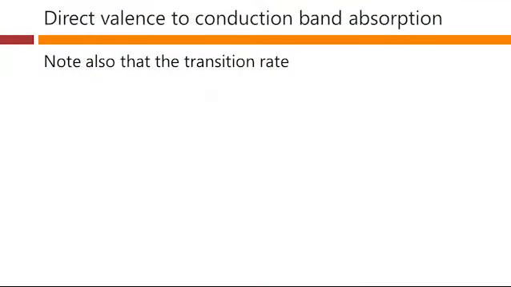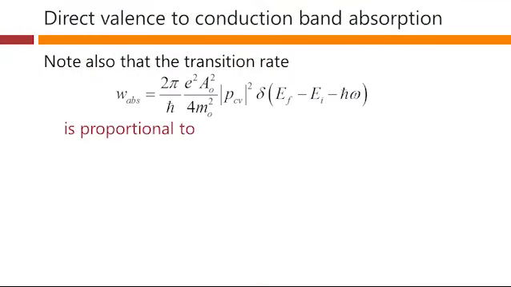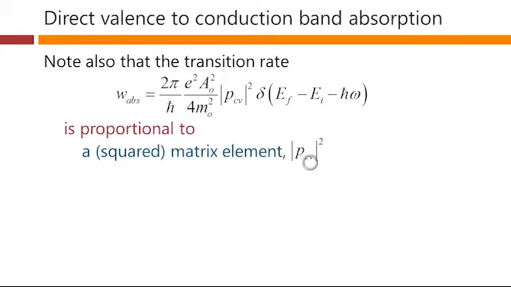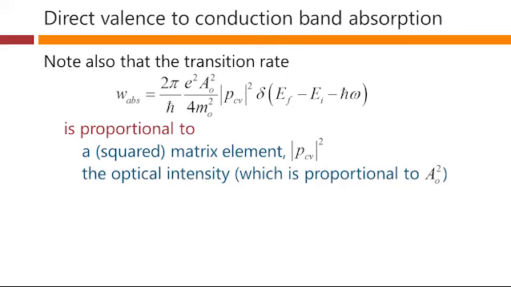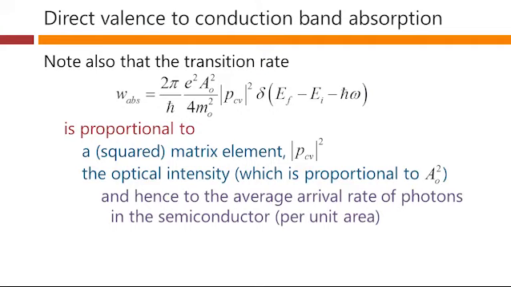Note also that this transition rate we've just calculated is proportional to a squared matrix element, so PCV modulus squared, and the optical intensity, that's watts per meter squared in the light beam, which turns out to be proportional to the square of the magnetic vector potential oscillation amplitude, and hence it's proportional to the average arrival rate of photons in the semiconductor per unit area.